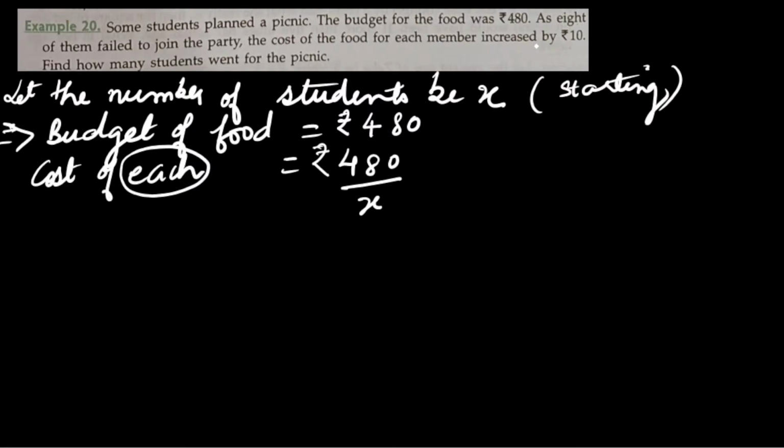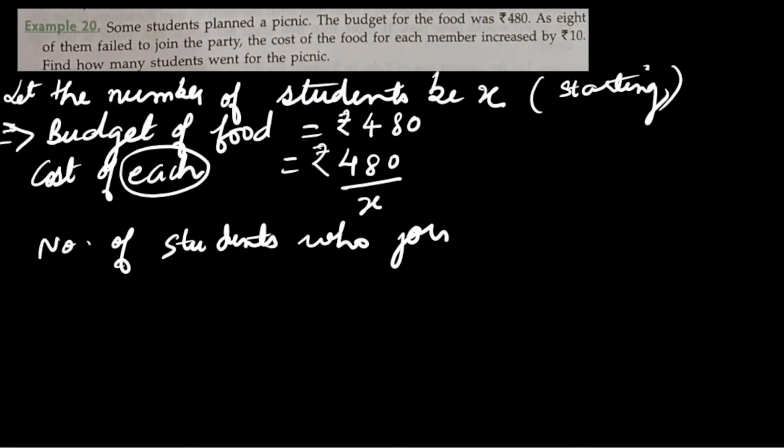So how many students are there now? x students had to join, but from those x, 8 of them are not joining. So the number of students is now x minus 8. If x minus 8 is the number of students now, what will be the cost of each?